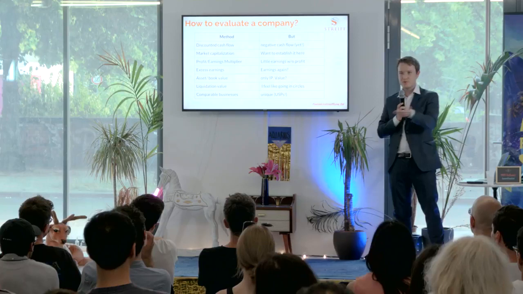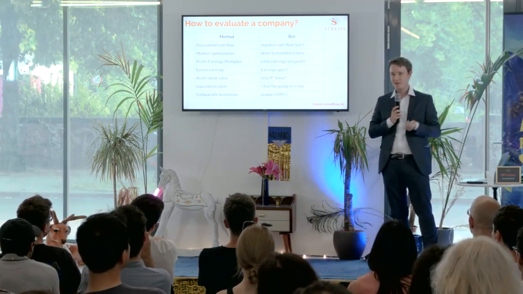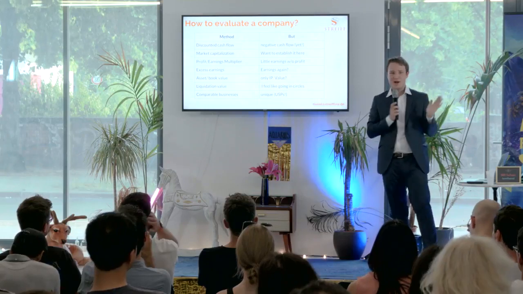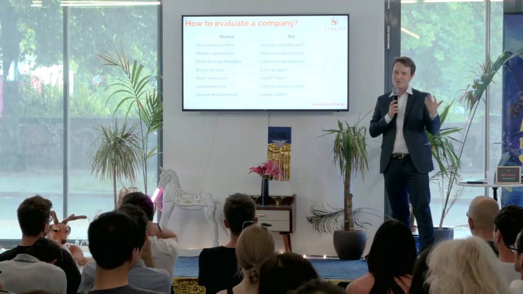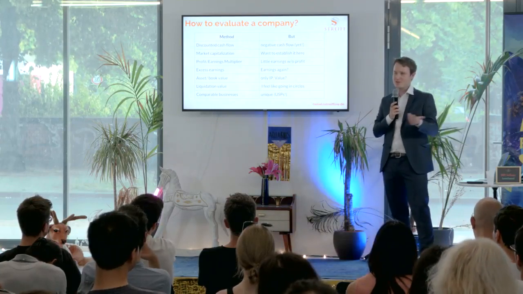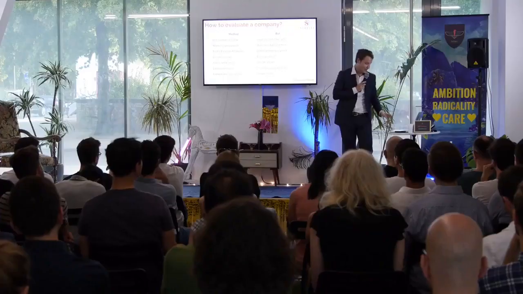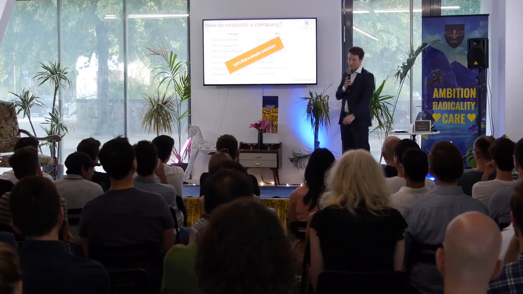And so they ask, well, what are other companies worth, and comparable businesses? And you're like, well, my business is unique. I have a USP, I have so many USPs, and so there is no way you can compare me to any of those. And that's where the problem starts. In the beginning, it's just very hard to do. And this is why we're looking for another solution.